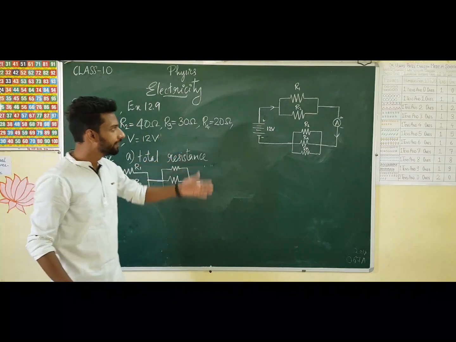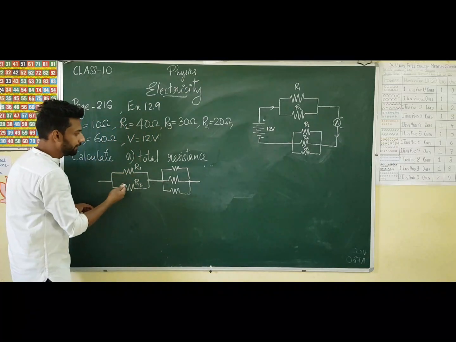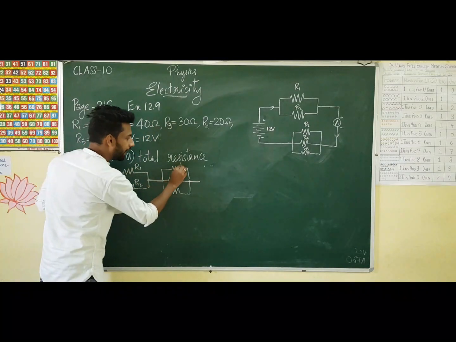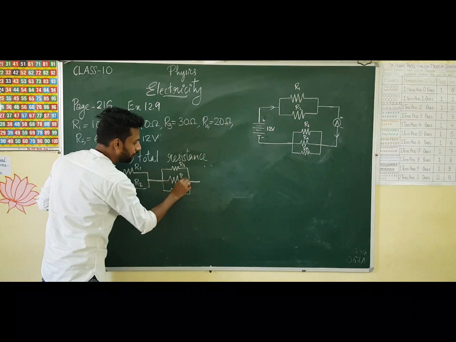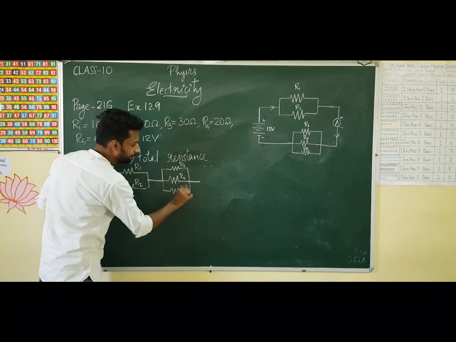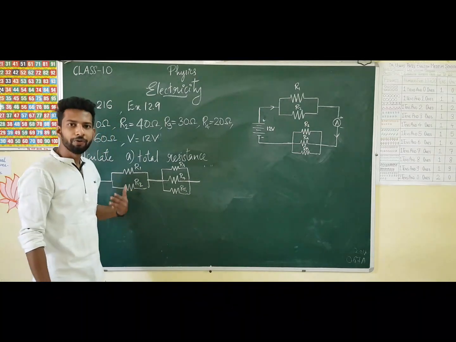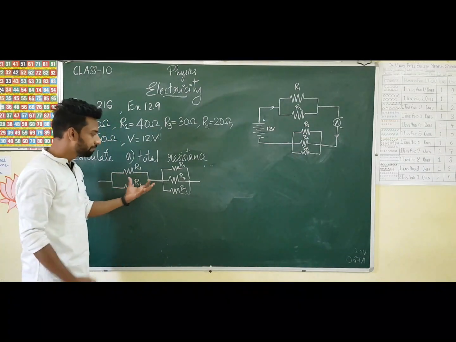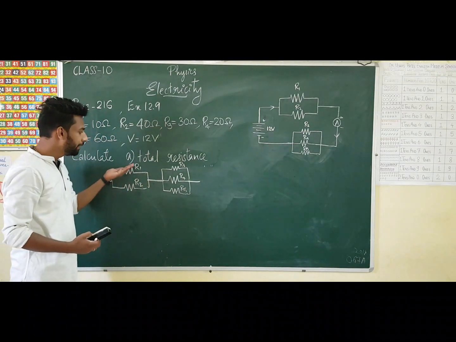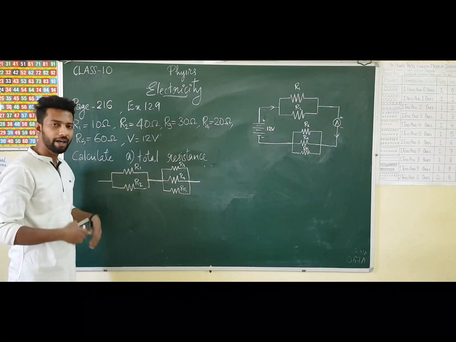If I break the circuit, we get a shape like this: R1 and R2 are parallel, and R3, R4 and R5 are parallel. In order to get the total resistance, I am rearranging the circuit and redrawing it in another way.